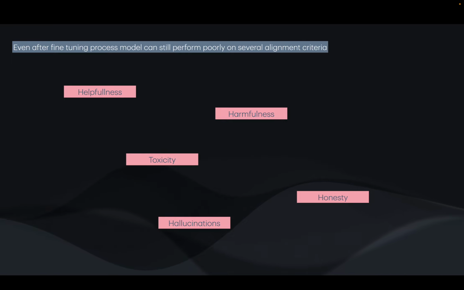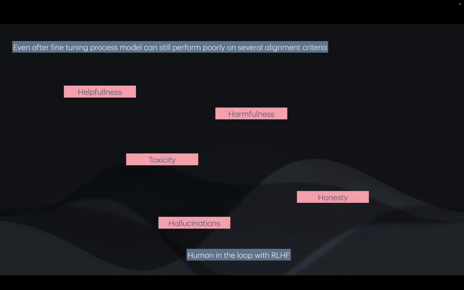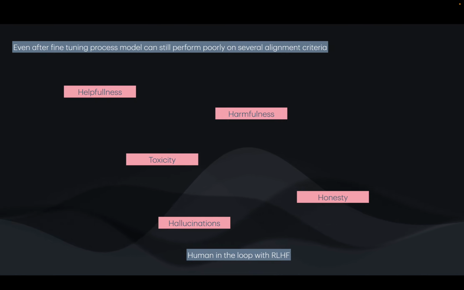These are some of the general alignment criteria the SFT model still suffers from, and by bringing the human in the loop with reinforcement learning with human feedback, we expect the model will perform well on this type of alignment criteria, right?